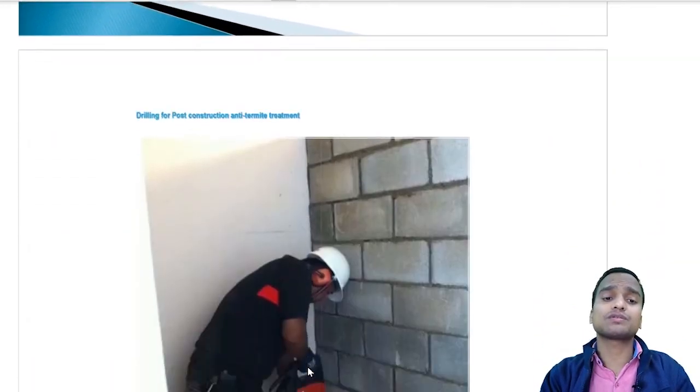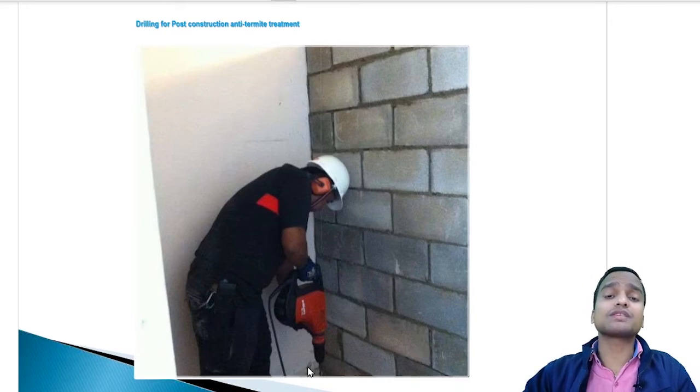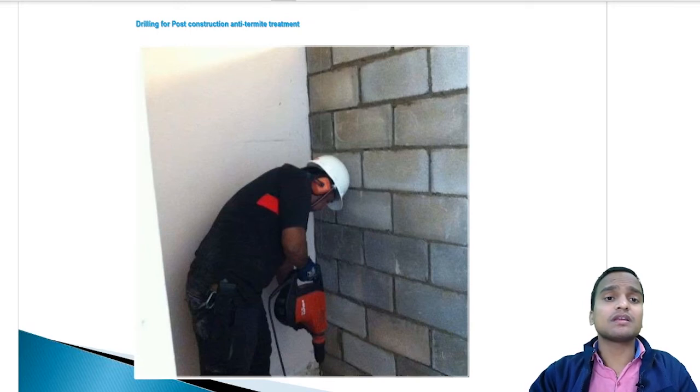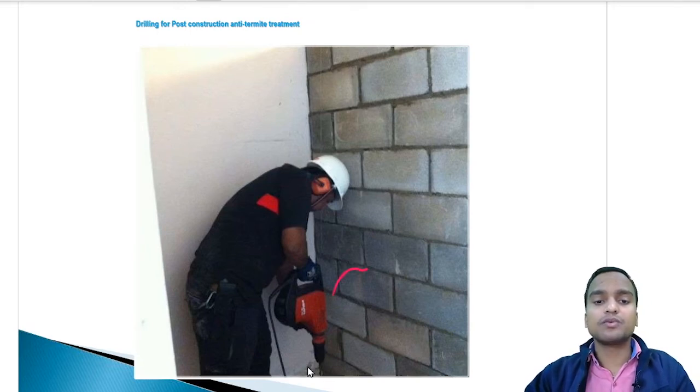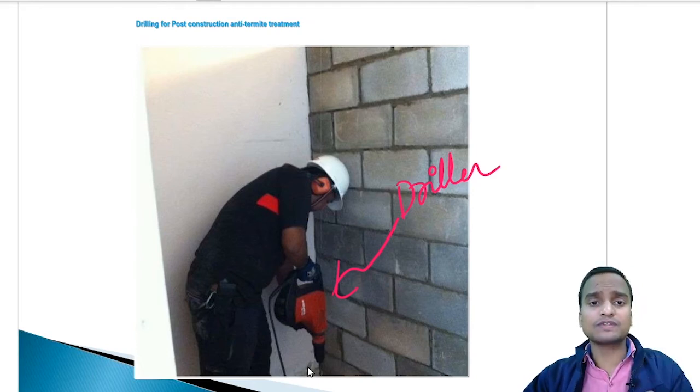So here the person is doing post-construction anti-termite treatment, and you see in his hand is the driller machine here. What he is doing is drilling holes, just 8 mm diameter holes, into the floor slabs.